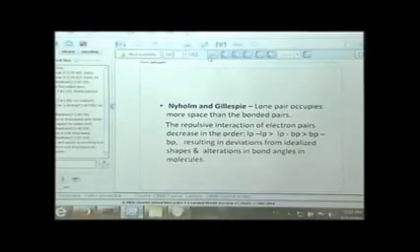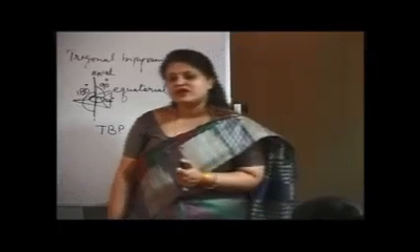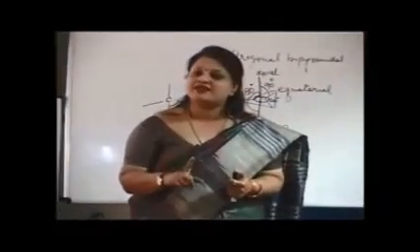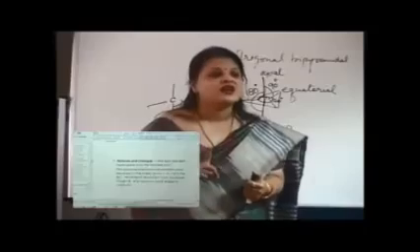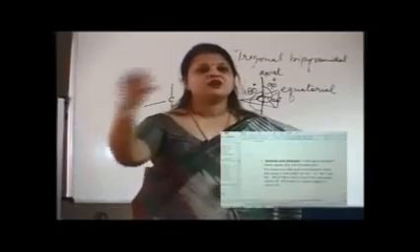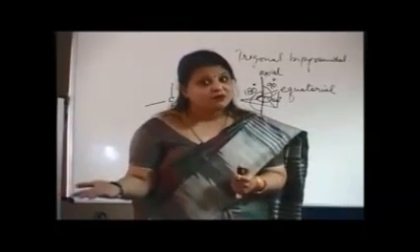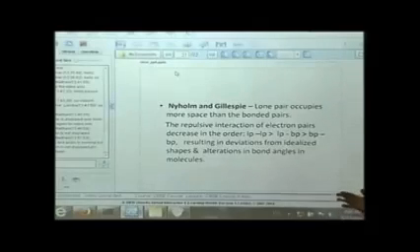Initially this was the type of bonding, but later on when the VSEPR theory was modified, Nyholm and Gillespie introduced the concept of lone pair and bonded pair: the bonded pair is under the control of two nuclei, while the lone pair is under the control of only one nucleus. So the lone pair will expand more and try to occupy more space.